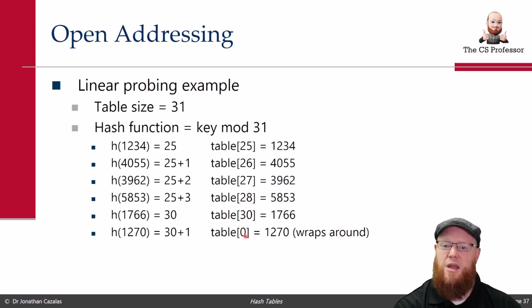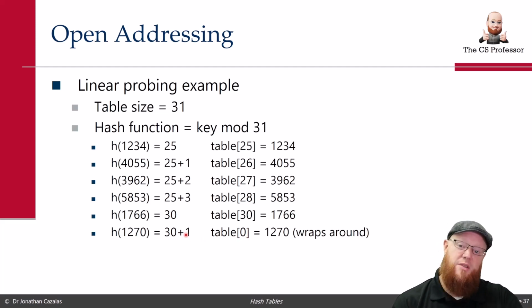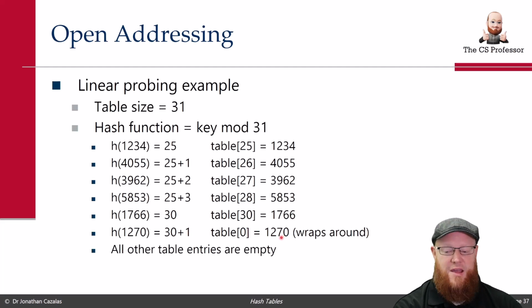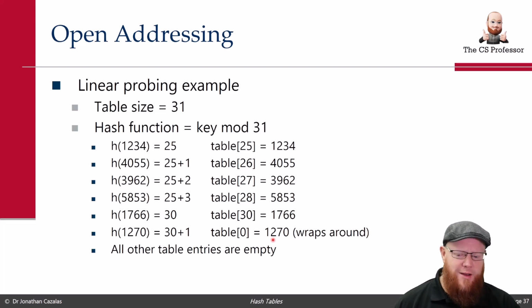So now we check index 30 plus 1. Well, there is no index 31, but you have to now use mod again, and it wraps around. And so now we're going to index 0, and we save person 1270 at index 0. All other entries into the table are empty. That's it. Hopefully we're okay with that. I went through that at a normal speed, not slow, not fast. You can rewind, watch again.